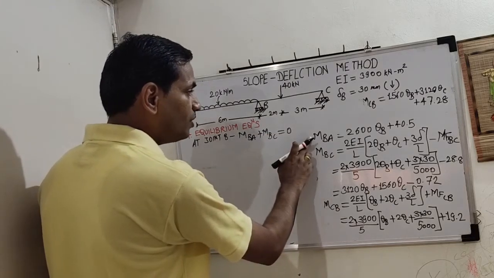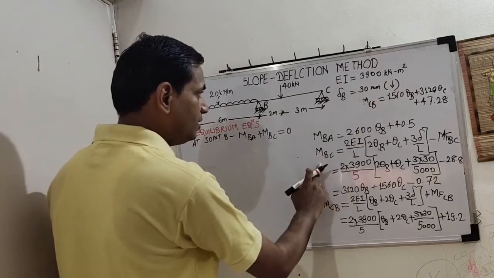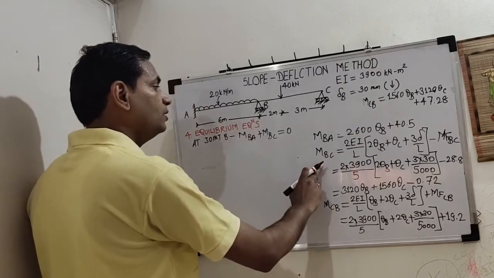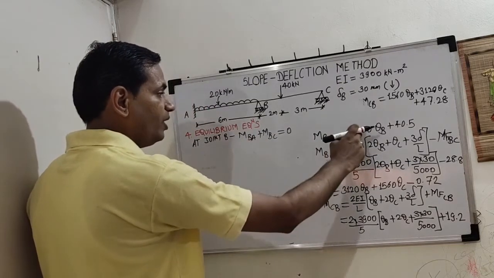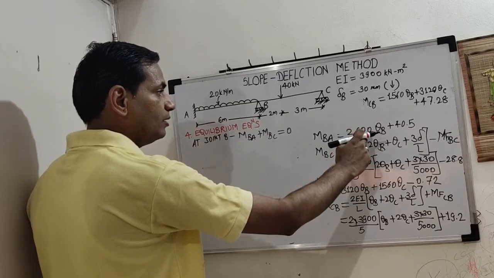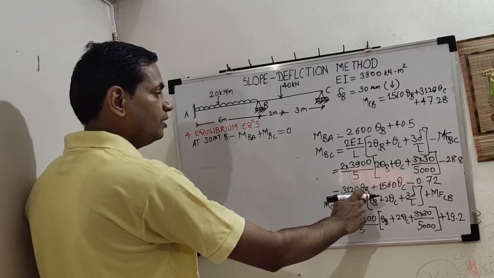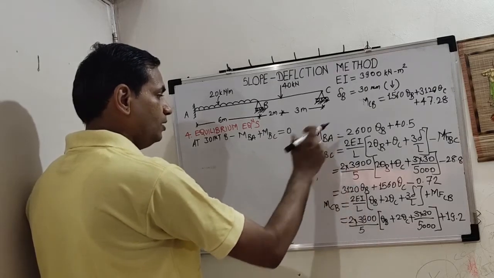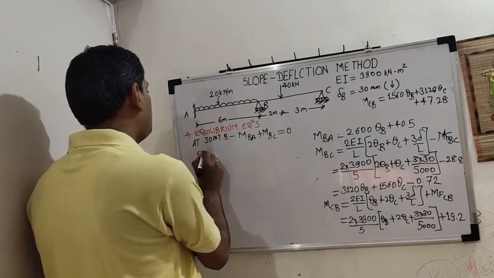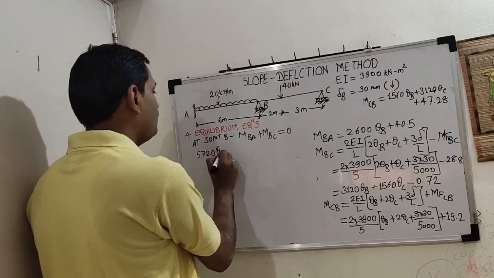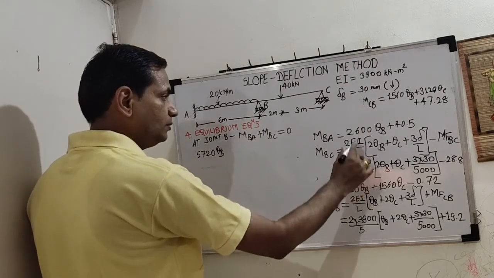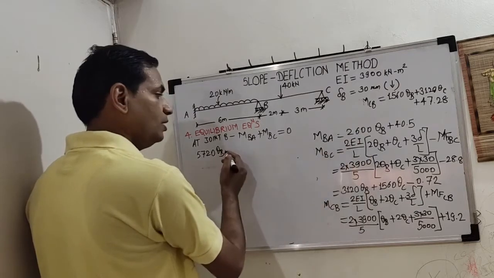So BA equation is here, BC is here, correct? So 2600 theta B plus 3120 theta B. Let us see how much is that. 5720 theta B. Please verify. Yes.